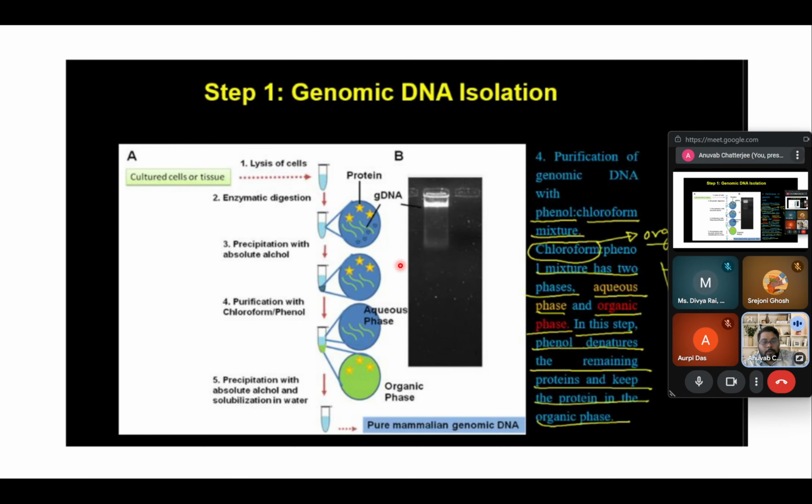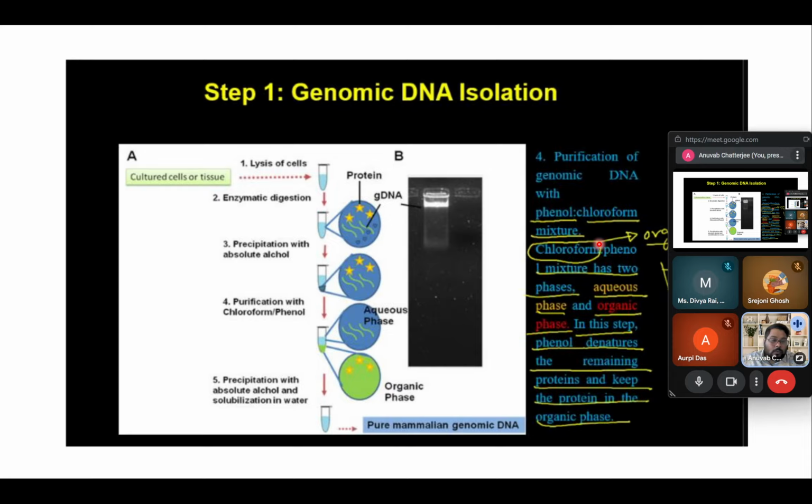The next step you do is that so this absolute alcohol precipitation and chloroform phenol purification steps can be reversed. So you treat the entire solution with chloroform and phenol. Chloroform and phenol, you know, are organic solvents. Chloroform is mostly organic. Phenol is polar with the OH group.